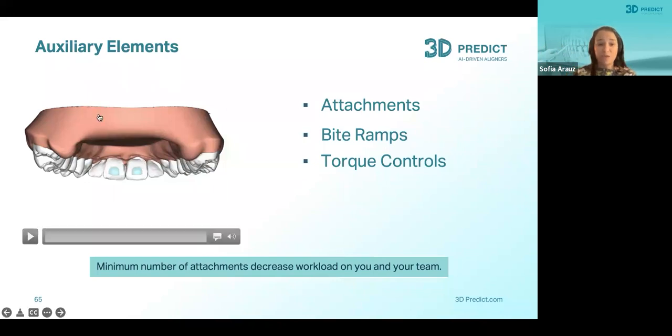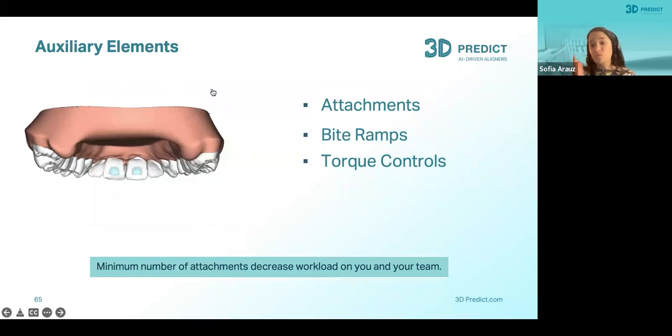And in this case, we can see the difference. I want you to be able to pinpoint how they all look in your 3D plan. I actually have a completely different webinar on this that lasts an hour. I'm gonna go through this real quick, but if you have questions on attachments and auxiliary elements and what each one does, please ask your sales representative to give you the link to my webinar.